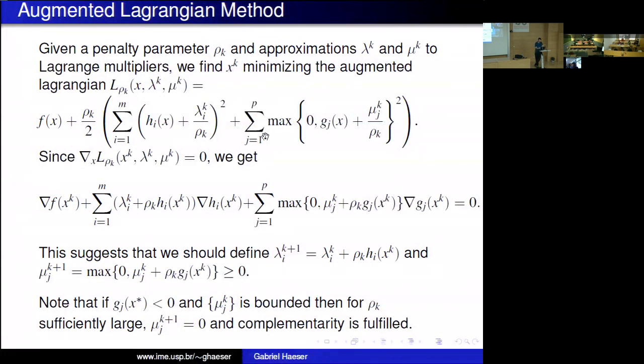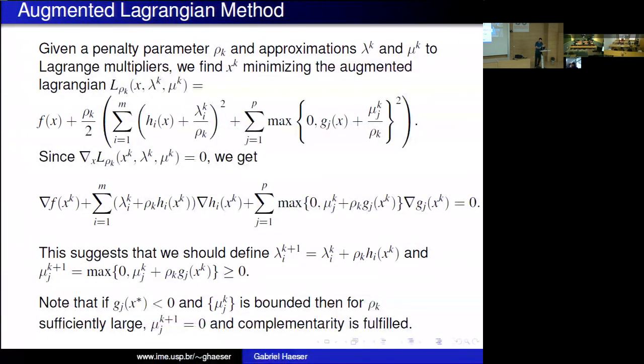So this is the augmented Lagrangian function in the general case. Remember that we had an additional constant term here, but since I'm minimizing this function, I don't care if I minimize with this constant term or not. The solution will be the same, so we can think that this function is the augmented Lagrangian function.